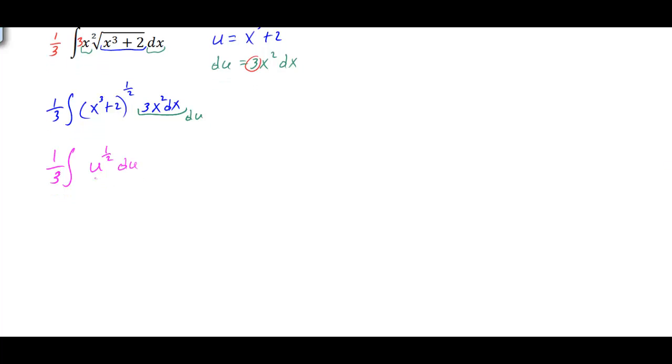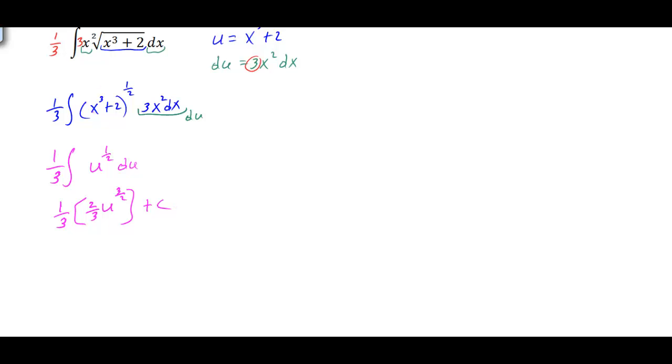And we have a very easy integral, so we would simply have 1/3 multiplied by u raised to the 3/2, right? 1/2 plus 1 gives 3/2. And if we're dividing by 3/2, that's multiplying by the reciprocal, so that would be 2/3. And there's your integral.